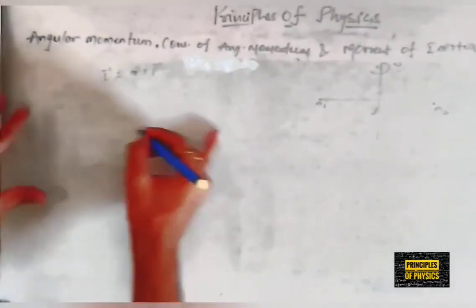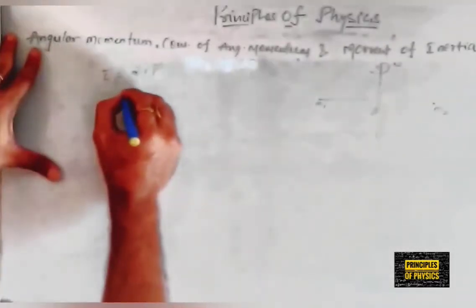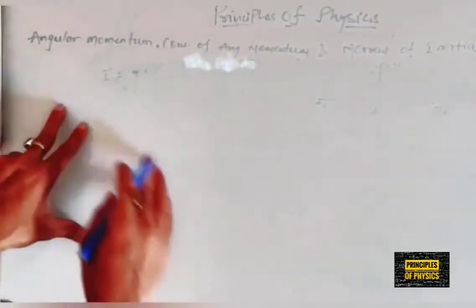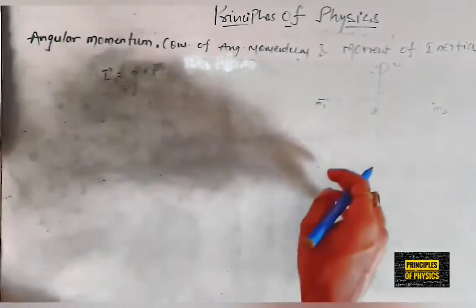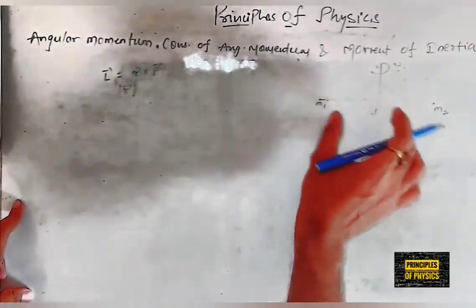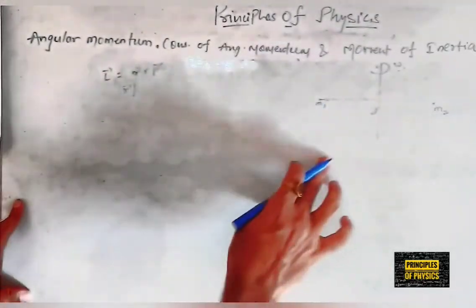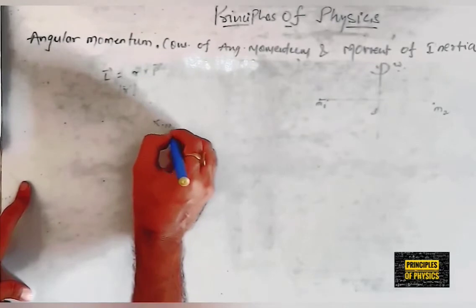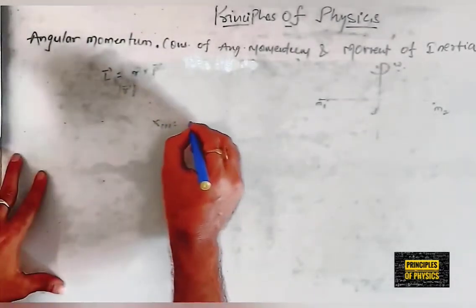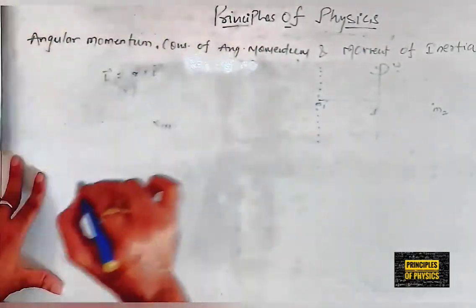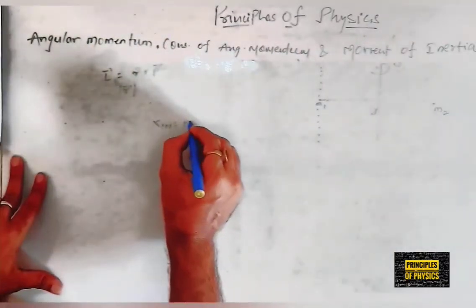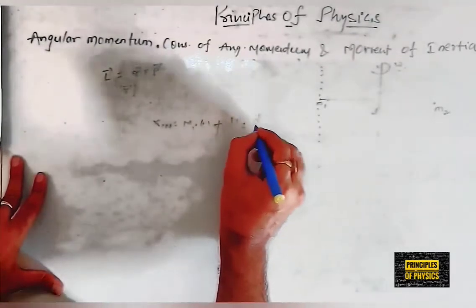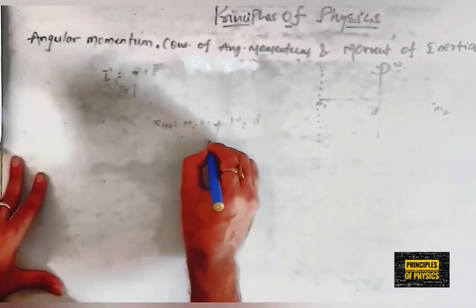So in this case we have to know r, that is the distance from m1 to the center of mass, and we have studied earlier in the center of mass how to find the coordinates of the center of mass of two bodies lying in a plane, and this can be found by the formula xcm is equal to, as we take this as a reference, so it lies on the reference point, m1 into 0 plus m2 into d by the total mass m1 plus m2.